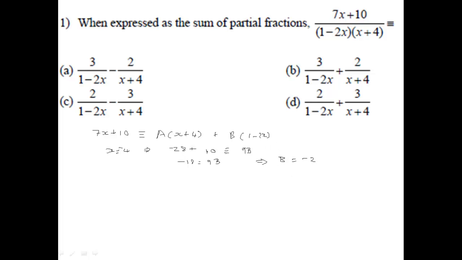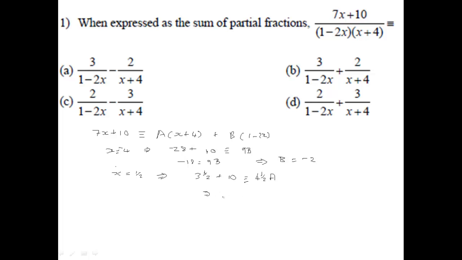To make the other bracket 0, we would need an x value of a half. We would then get 3.5 plus 10. We would get this bracket as 0, so the B term is going to disappear, and we get a half plus 4 lots of A, 4.5A.